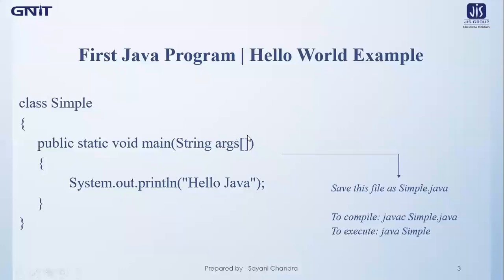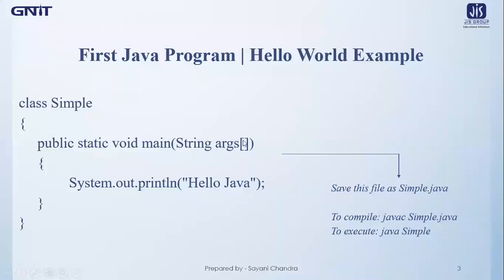Here also we use brackets to indicate that it is an array. That means this args is an array, because opening and closing brackets are used after it. So we can say that this args is an array of String type objects.